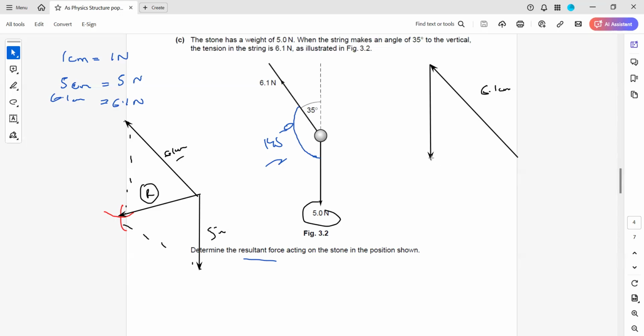So draw a 5 centimeter line. Now, what about the resultant? From the tail of the first to the head of the last. When you join, that will be your resultant. This is a triangle method.